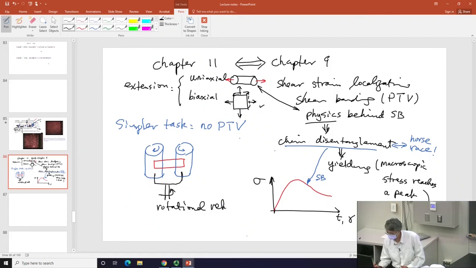Until you have something as convenient as that, it's still not easy to do extension for the folks who only previously do shear. But now you can.